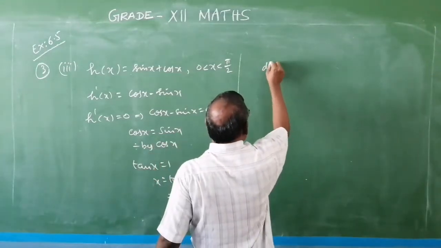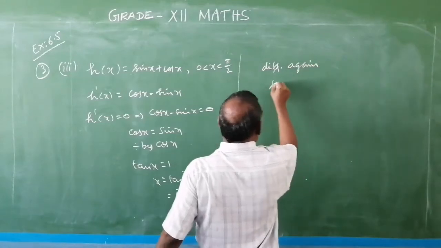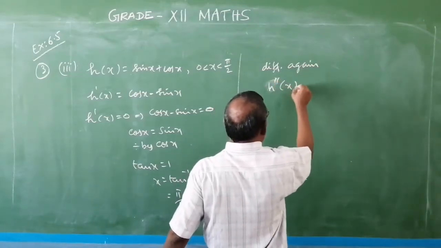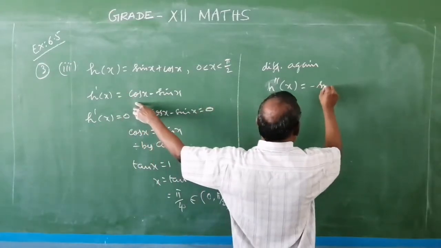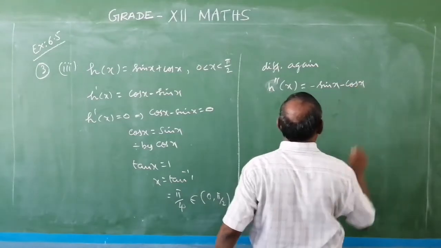Now, differentiating again, h double dash of x equals, here cos x becomes minus sin x and minus sin x is minus cos x.